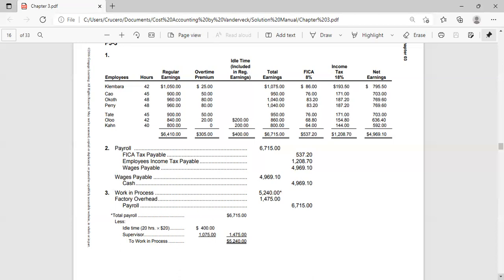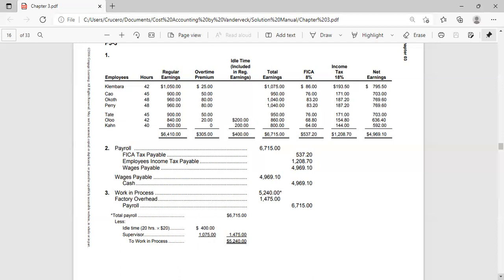It's seen that we have the total deduction of 1,475. The 1,075 is the total earnings of the supervisor.